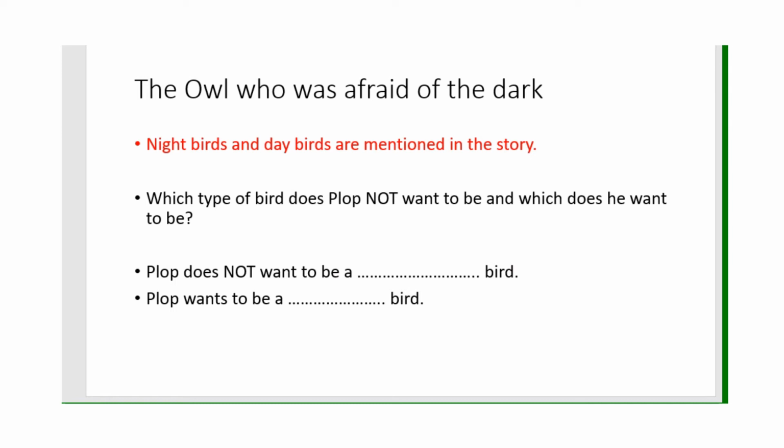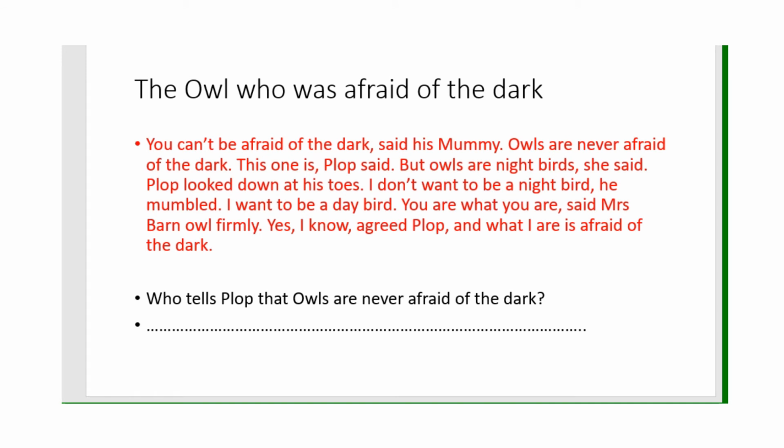Now then, it says at the top, look, night birds and day birds are mentioned in the story. Which type of bird does Plop not want to be, and which does he want to be? I wonder, just have a quick flick back.